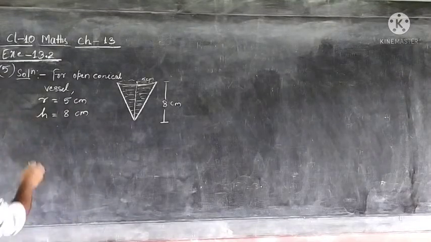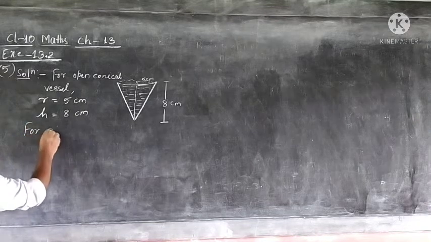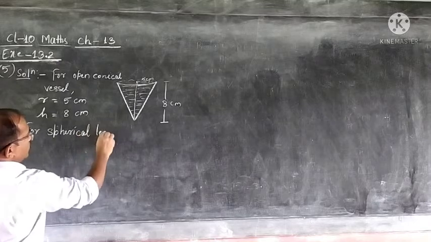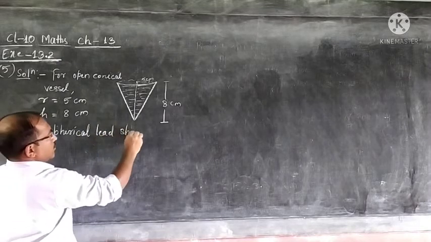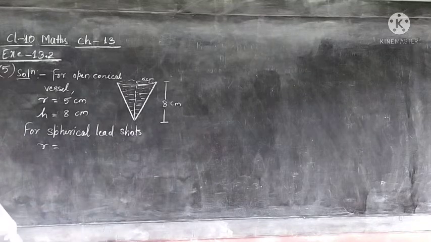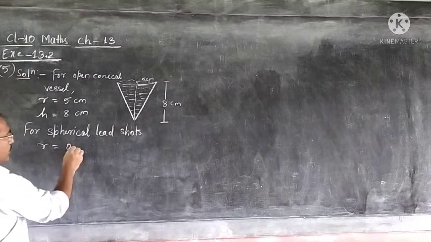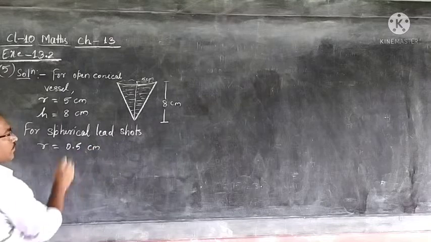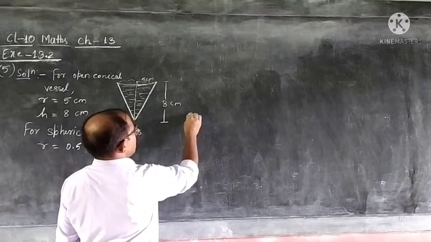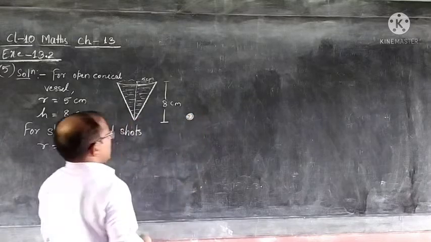Lead shot, spherical lead shot. So for spherical lead shots, it will have only radius is 0.5 centimeter. So just look here, this is lead shot, it has 0.5 centimeter.